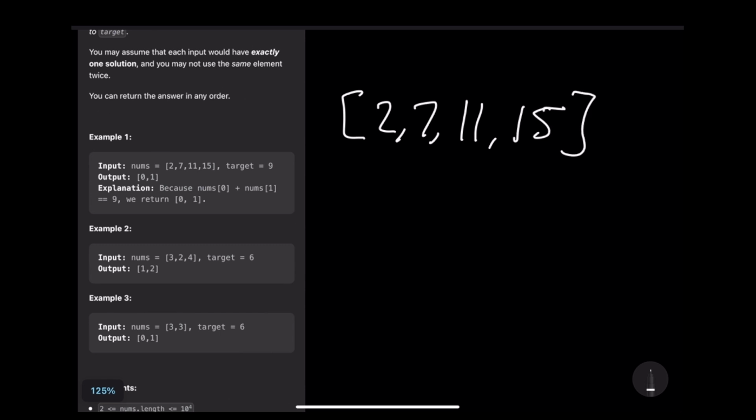The first idea that's jumping into my head is we know that there has to be two numbers that add up to the target. We know there's only one solution. And we know that we can stop as soon as we find it, basically, is what I'm saying. So I think we could do this perhaps with a set.